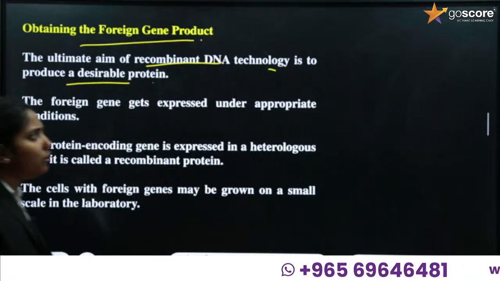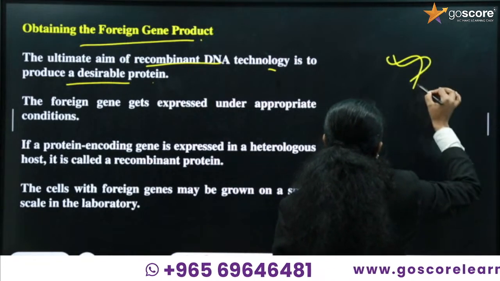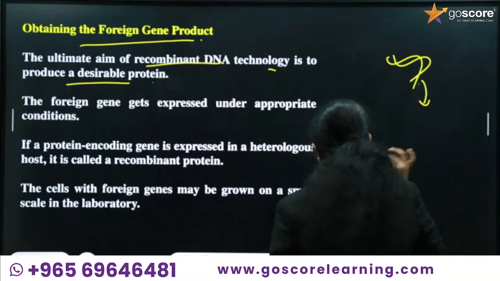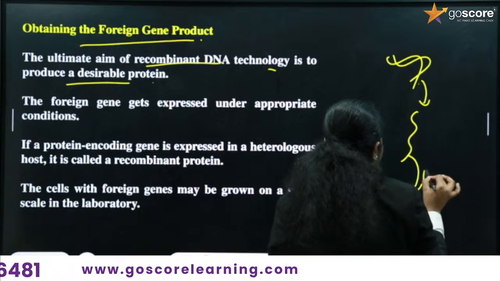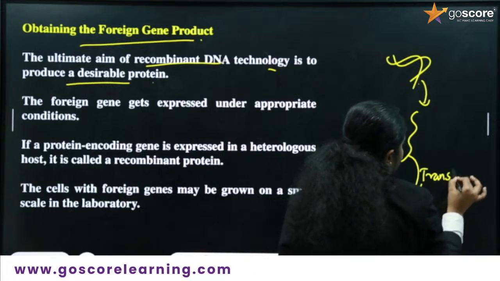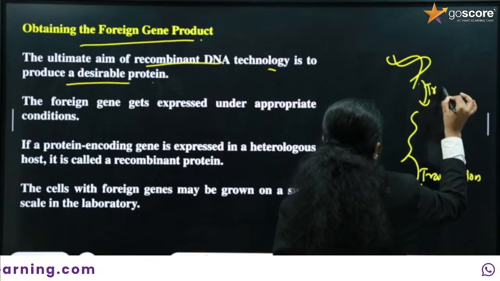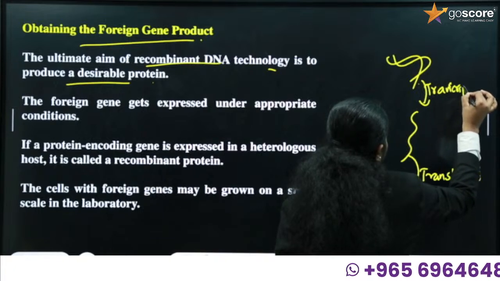So we know that DNA is present. If DNA is present, after transcription, RNA will be formed. After the process of translation, protein is formed. This is transcription.